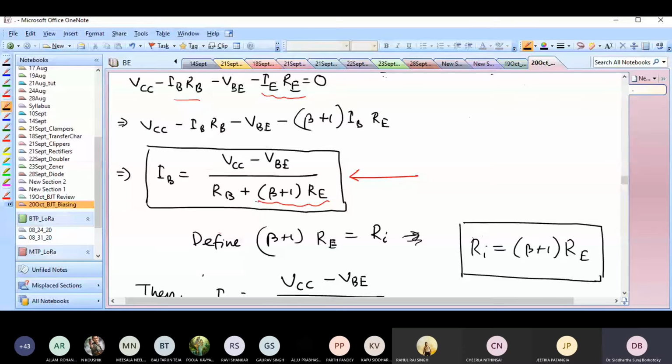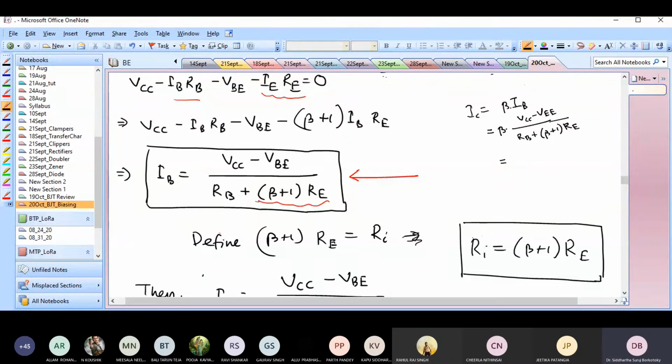Why? Because IC is equal to beta times IB, right? But what is IB? IB is (VCC - VBE)/(RB + (beta + 1)RE).